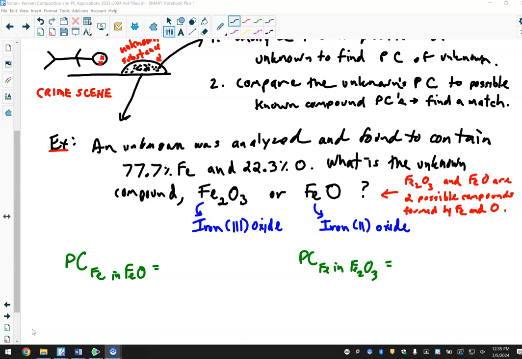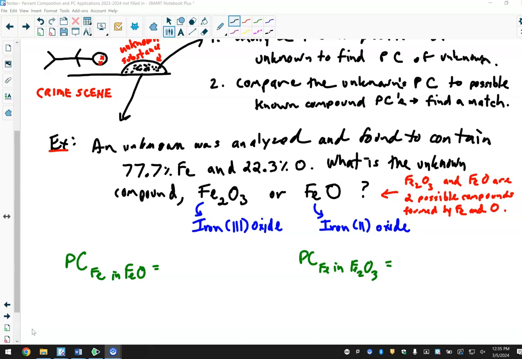Now, what are 2 possible compounds that iron and oxygen can make when they bond? They can make iron 3 oxide or iron 2 oxide. Those are the 2 kinds of ions that iron makes. And so the question is, which one is it?